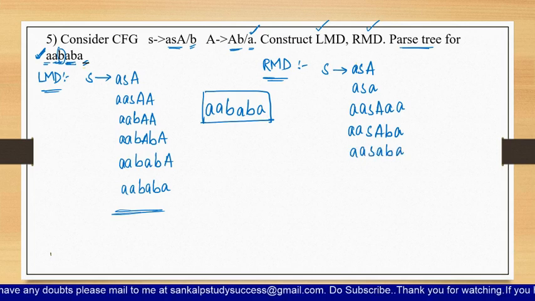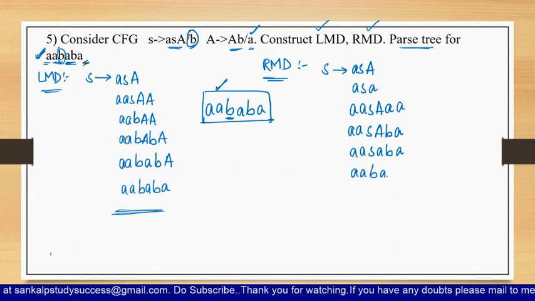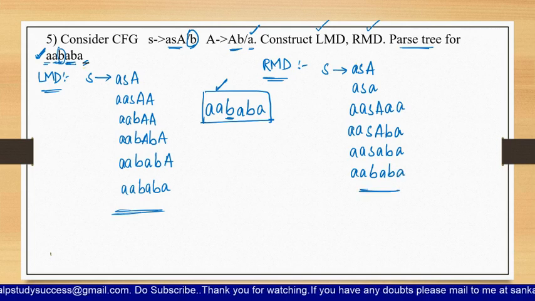Now in the place of S you are left with B, correct? It is only for B and the remaining term is already completed. So if you substitute only the small b, then you will end up with our input string which is given, correct? So it is nothing but AA small b, ABA.